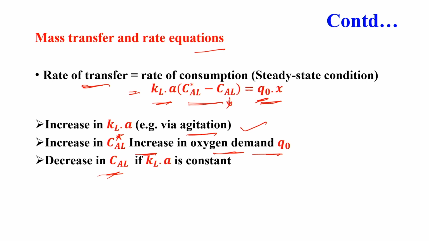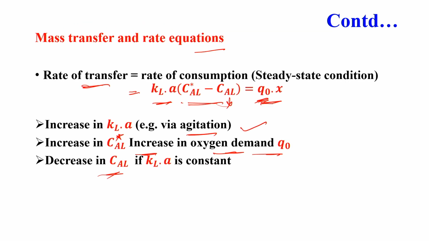If you decrease CAL, then the driving force increases. So, it is very straightforward: KLA should increase, CAL star should increase, Q naught should increase, and at the same time CAL should decrease to increase the rate of oxygen transfer.